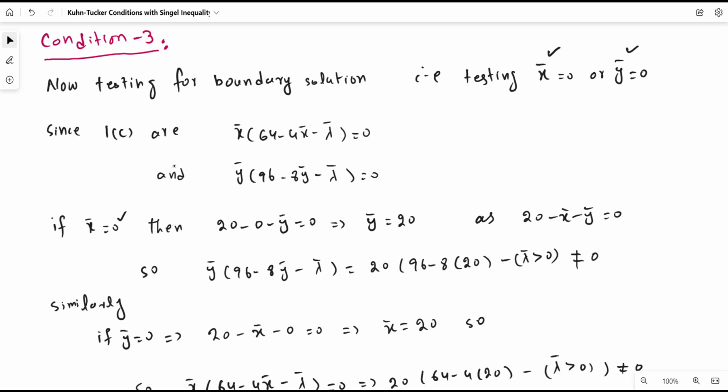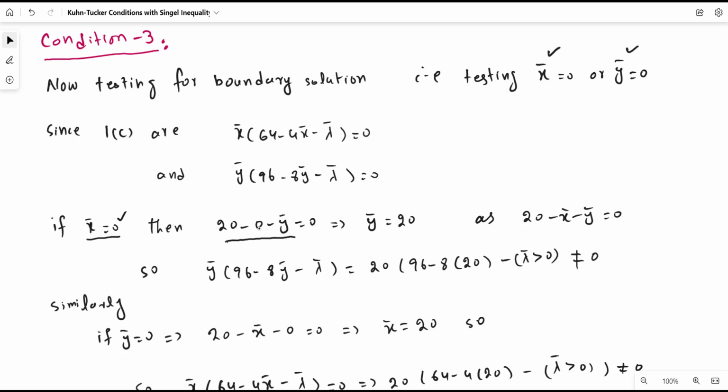Suppose we assume that x bar is equal to 0. If x bar is equal to 0, put it in the constraint, right? Because this is 20 minus x bar minus y bar is equal to 0. It is already confirmed from the previous condition that since lambda was not equal to 0, the constraint was found equal to 0.